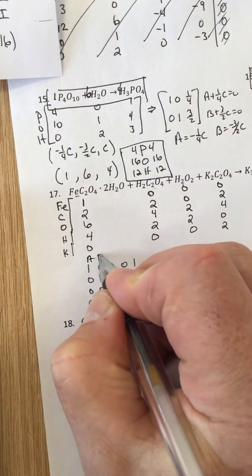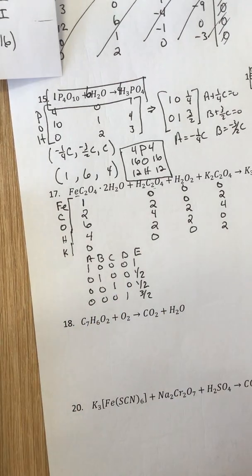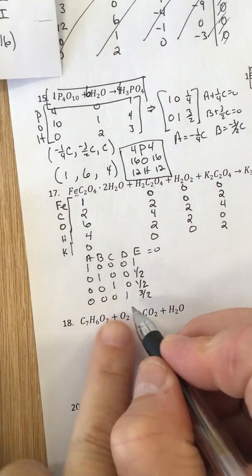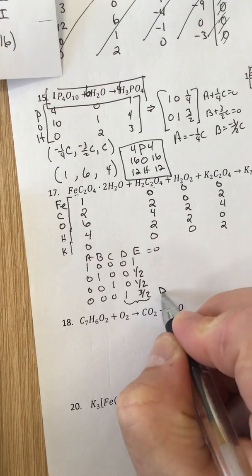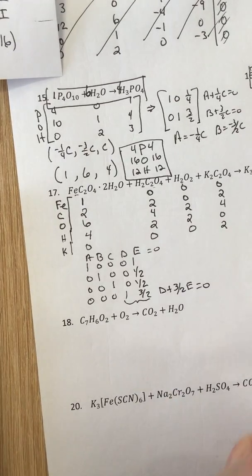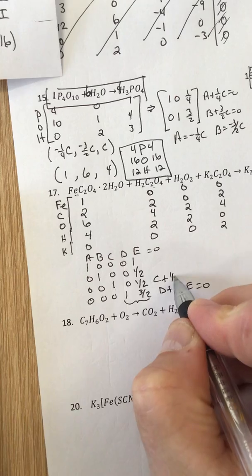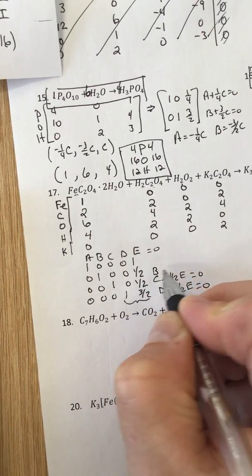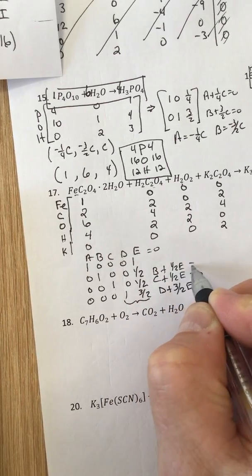Okay, A, B, C, D, E basically equals 0. So this spot right here is the D spot. So that's telling us D plus 3/2 E equals 0. This one is C plus 1/2 E equals 0. This one's the B plus 1/2 E equals 0.